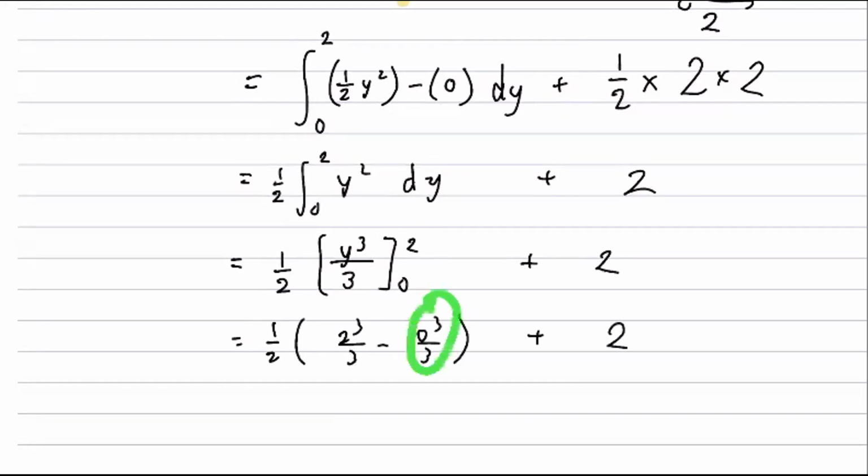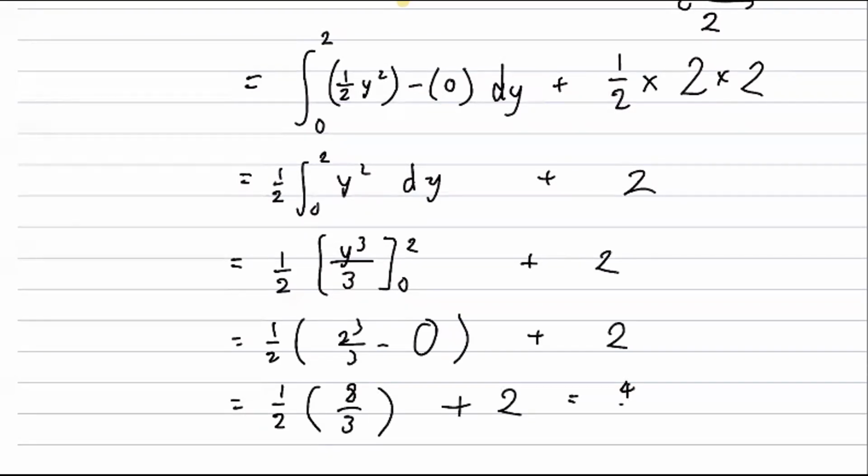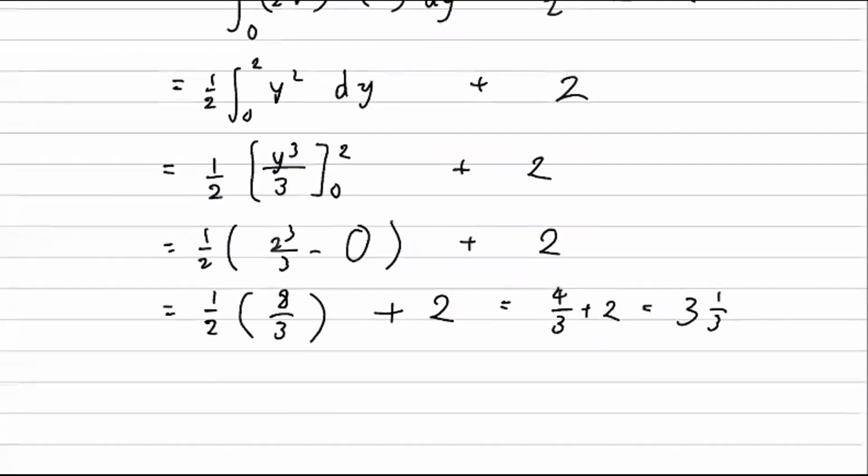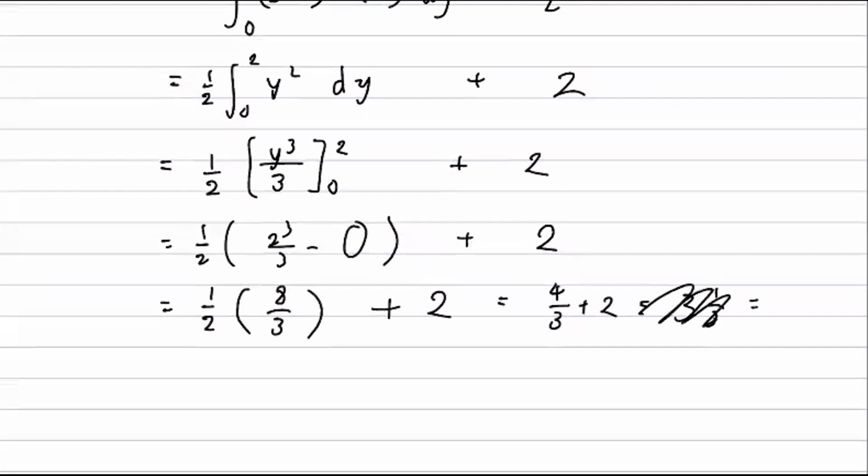Of course, this one straight away you can see is equal to 0. So half times 2 cubed is 8/3 plus 2. Simplify, 8 and 2 cancel, you're left with 4/3 plus 2. That's 3 and 1/3. Of course, you can just use a calculator by now. This will be 10/3. Can?